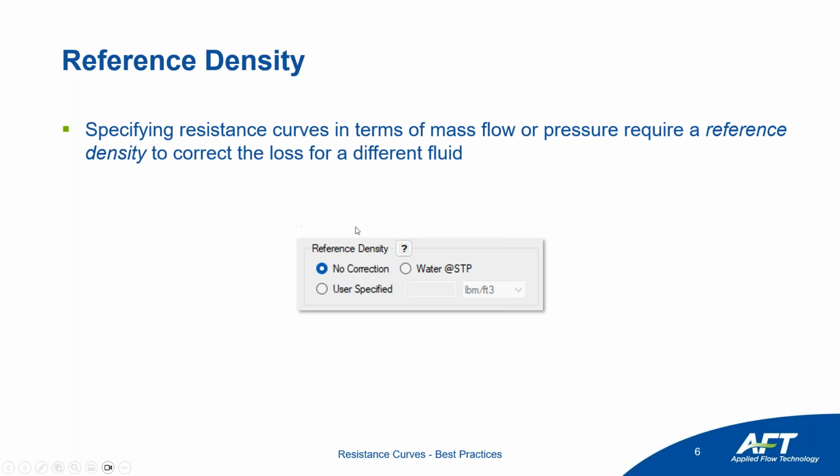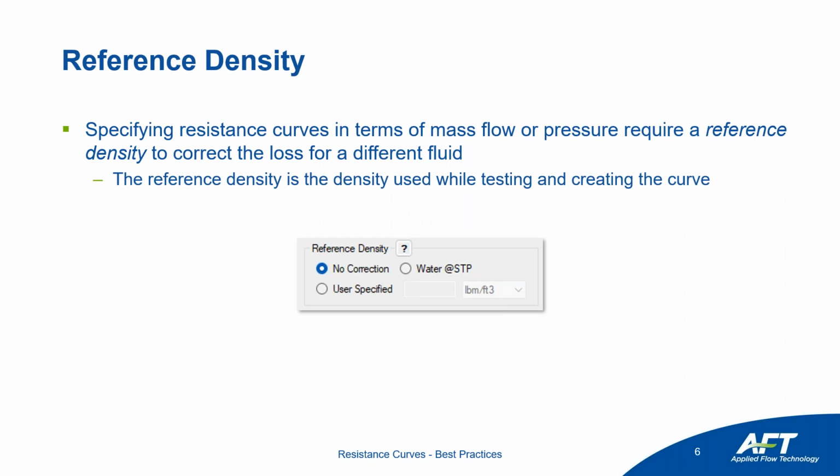So what we can do is add this reference density component, and that way we can adjust it. If all of our testing was with water and we have that pressure loss data, this reference density will effectively convert it into a head flow rate, and then also into a head loss, and then also into a volumetric flow rate.